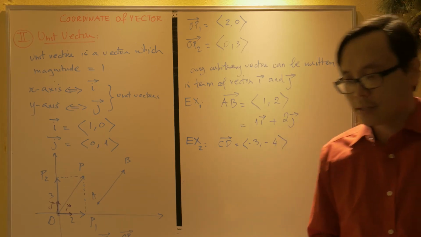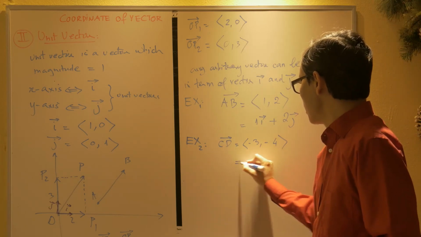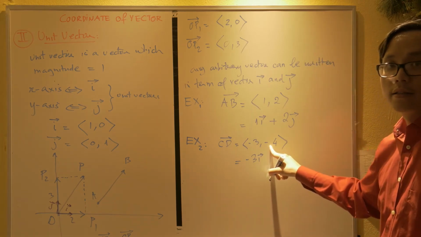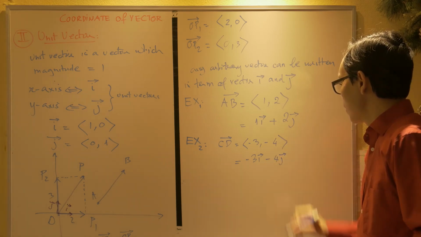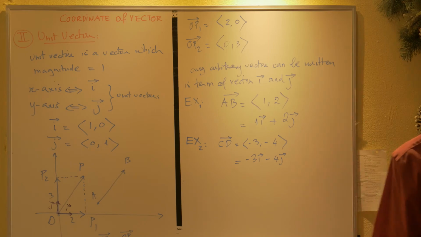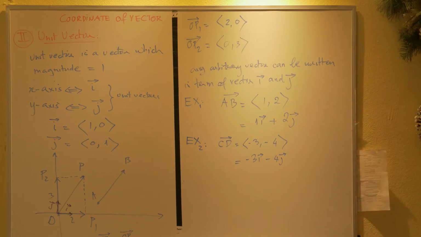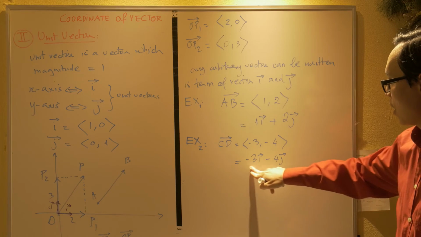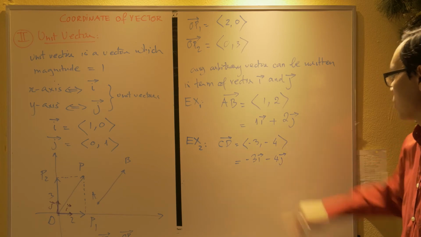Then I can express this vector in terms of vector i and j as follows: -3i, and because this is minus, minus 4j. So again, you can express any arbitrary vector with respect to vector i and vector j easily. Just another way of writing a vector. You see this form with i and j a lot in physics if you have a chance to take physics 1 and physics 2.